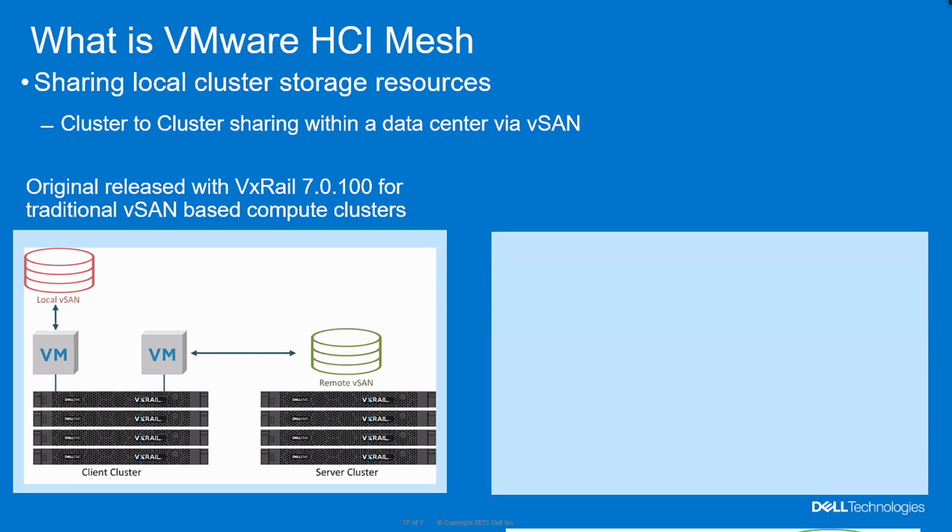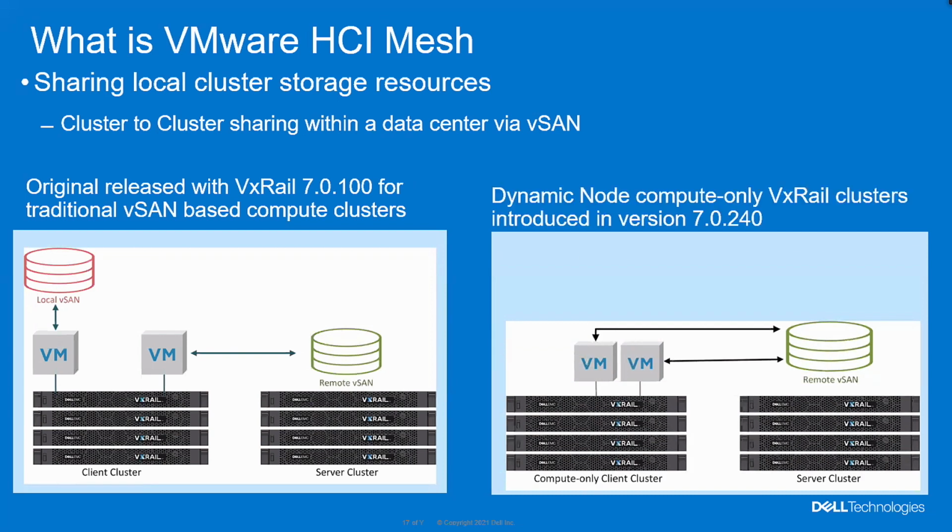With this new release, with the dynamic nodes, you can have a dynamic node with no vSAN storage and get your vSAN-based storage from a remote cluster. Now that cluster is not remote in another data center. It's still within the same data center floor because there are some networking requirements, but basically you can share vSAN resources from cluster to cluster.